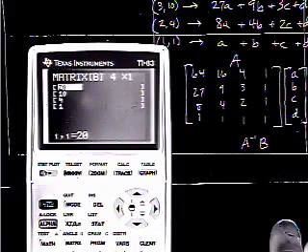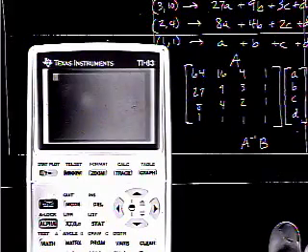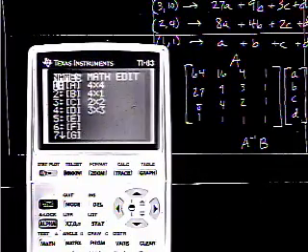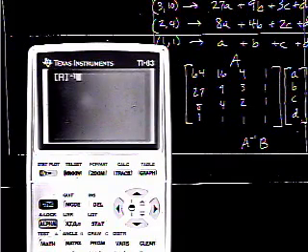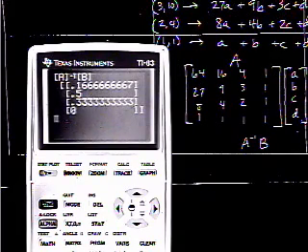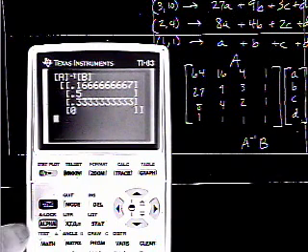All right, so I've got my matrix B. And so I want A, but this time I don't go to the edit section. I stay where I'm at. I want matrix A. I hit the inverse button, which is right above the squared button, and then matrix B. And it tells me that I have those values, and I know I'm pretty good at my math, but I sure could use some fraction help.